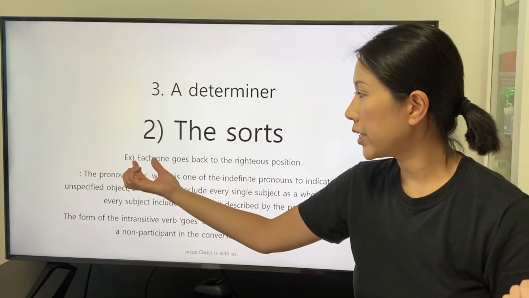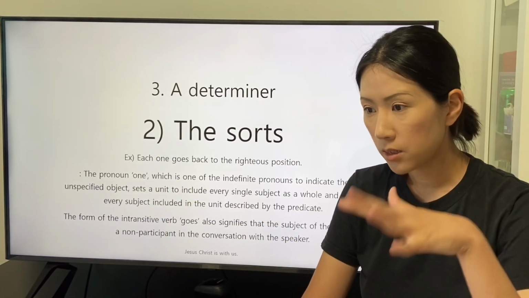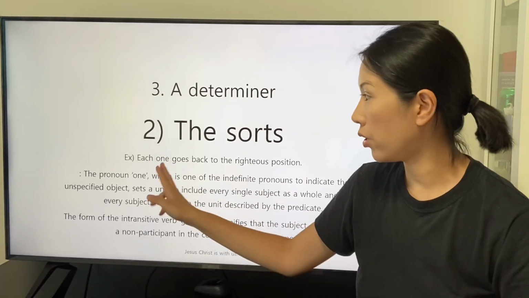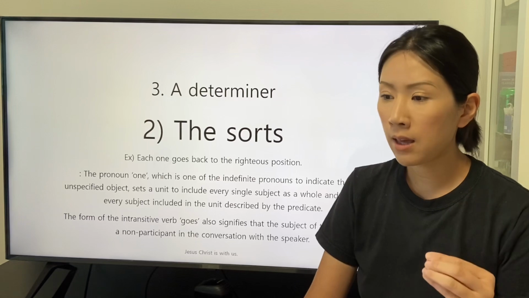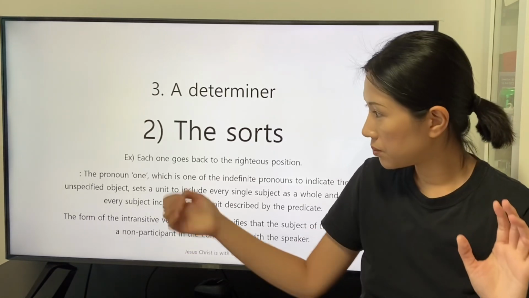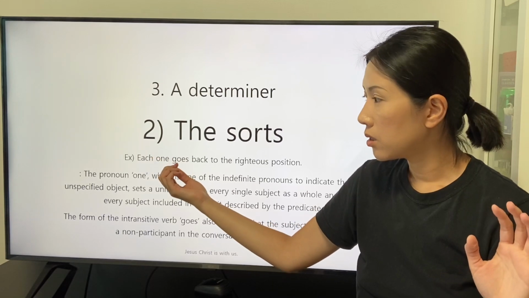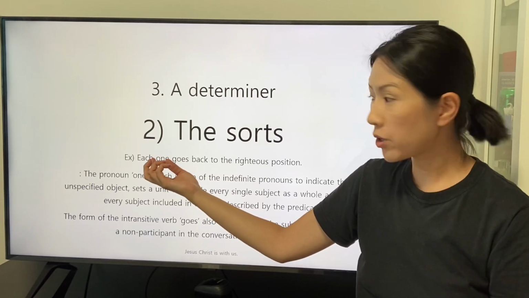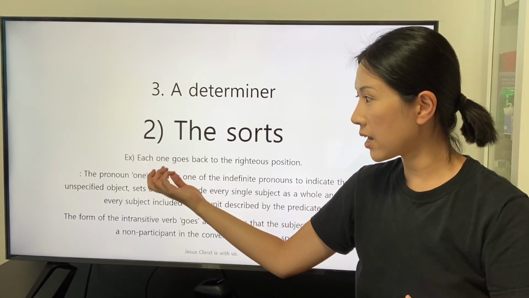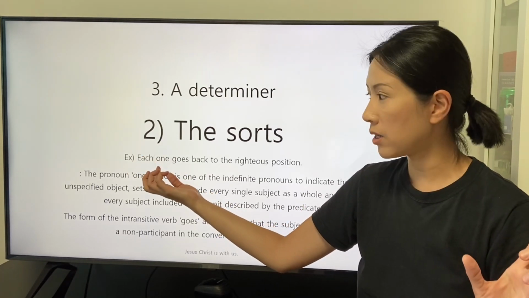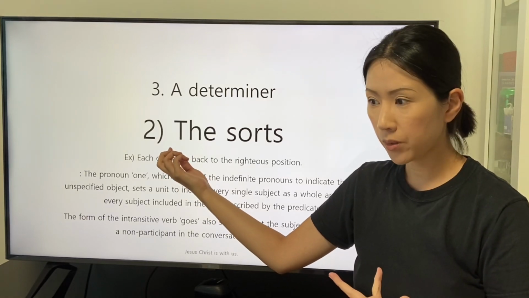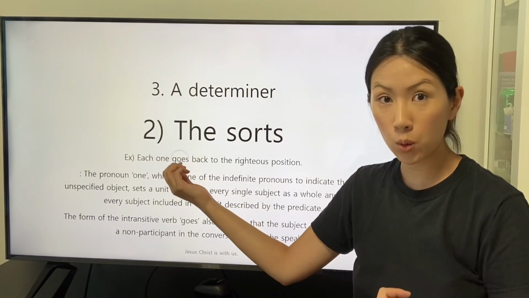The determiner each describes the indefinite pronoun one, and from the description by the determiner each, the subject indicated by the indefinite pronoun can be described by the intransitive verb goes.